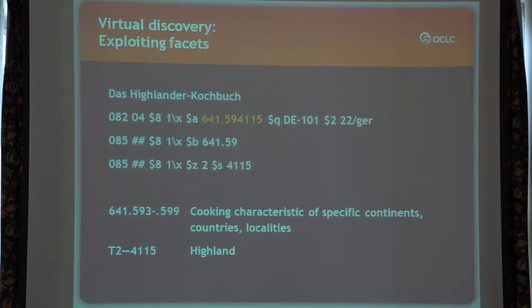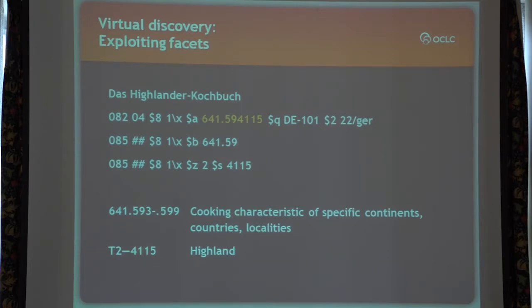Now, remember I said earlier that the 765 field was exactly parallel to the 085 field in the bibliographic format? This is huge because we all have those 765 fields lurking in our classification data files, in our authority files for our classification. And we're looking at how we can enrich WorldCat data.